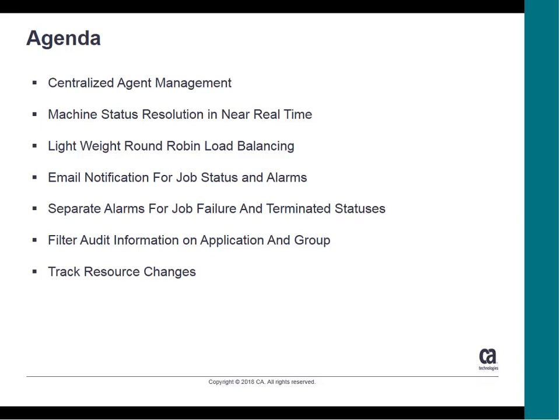And finally, some enhancements are made to the AutoTrack utility with respect to the way audit information is retrieved based on the application and group. So the user can now filter audit information based on application and group. For resource changes, we haven't had any auditing information until SP6.